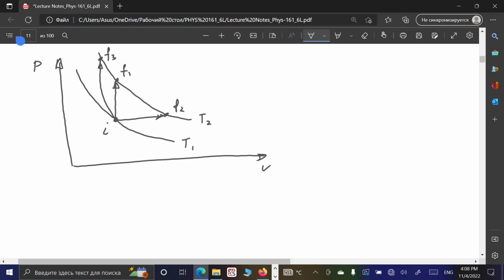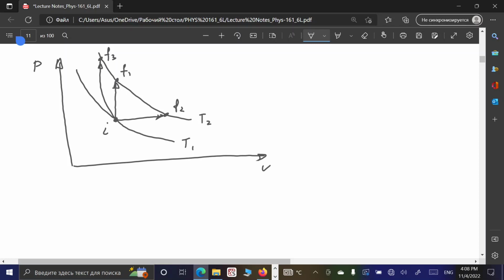So first at constant volume and at constant pressure, and introduce heat via molar specific heat capacitance at constant volume and at constant pressure for ideal gas.